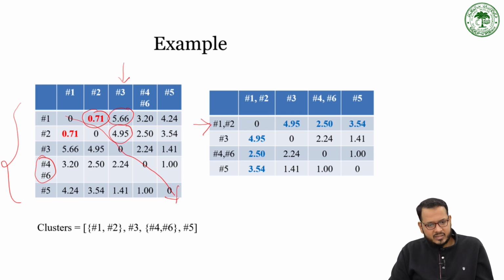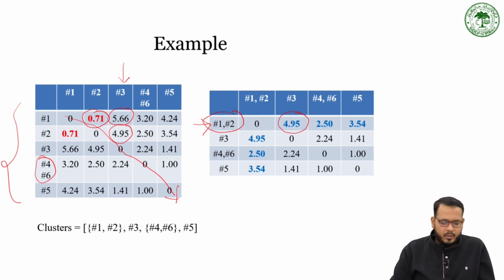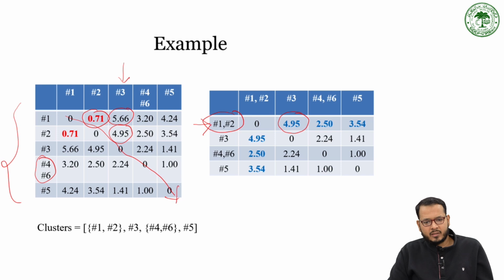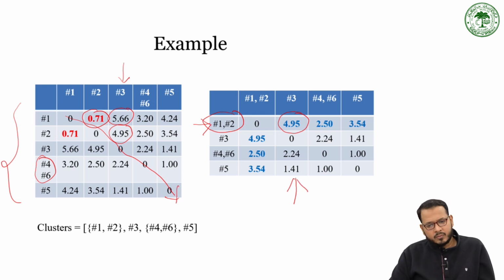Since we are using the single linkage approach, we will observe that 4.95 is smaller than 5.66. So we will say that cluster 3 is 4.95 units away from this newly created cluster 1, 2. So this is our updated distance matrix after step 2.